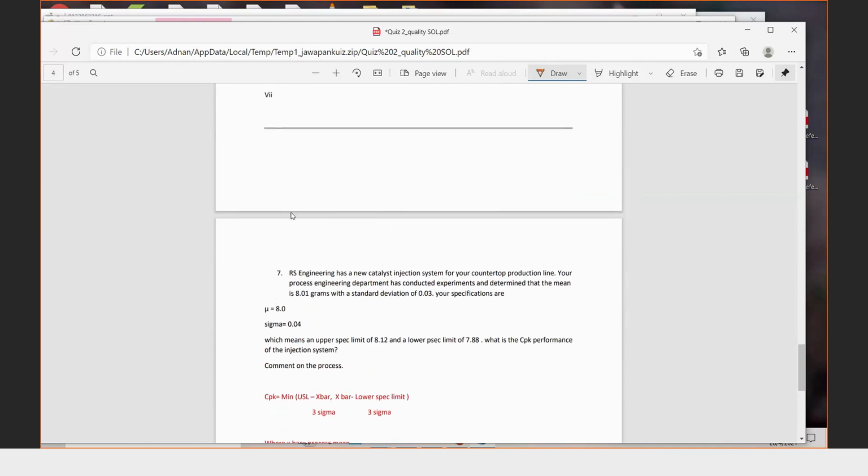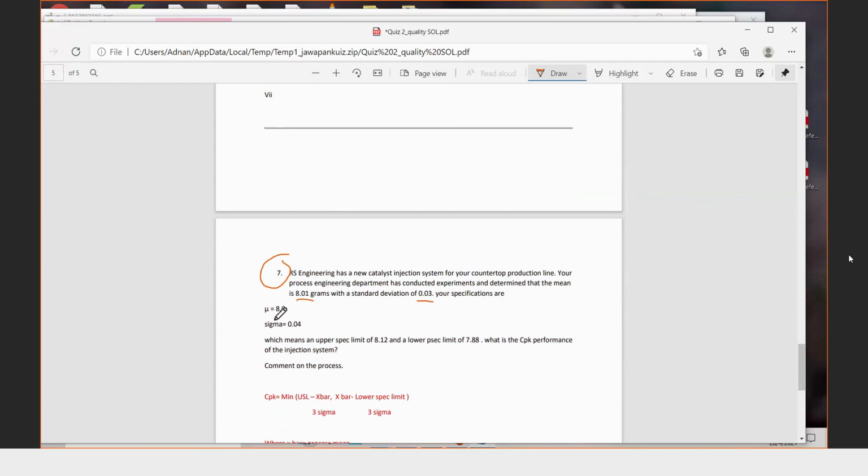Okay, about this one. RS Engineering has a new catalyst injection system for your countertop production line. Your process engineering department has conducted experiment and determined that mean is 8.01 with standard deviation of 0.3.